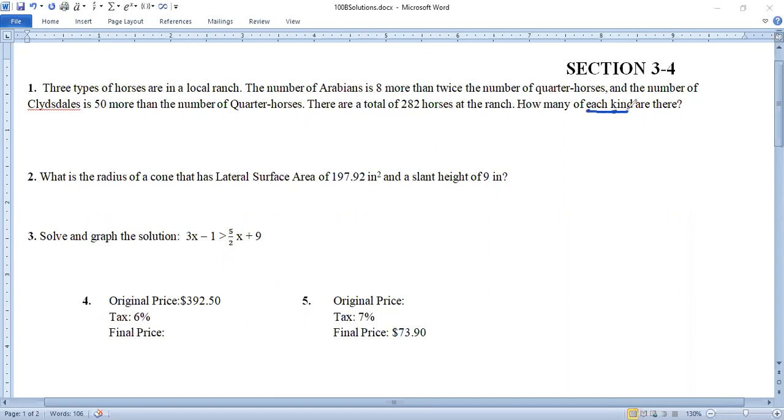That's what we're looking for: the number of Arabians, A, number of quarter horses, Q, and number of Clydesdales, C. So let's read it again, see if we can concoct some equations. Notice that we have 3 variables, so we'll need 3 equations. The number of Arabians, A, is 8 more than twice the number of quarter horses.